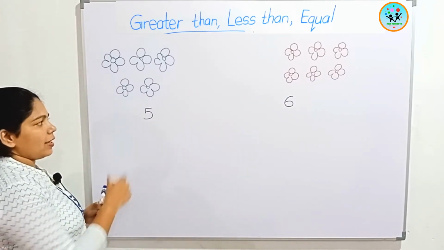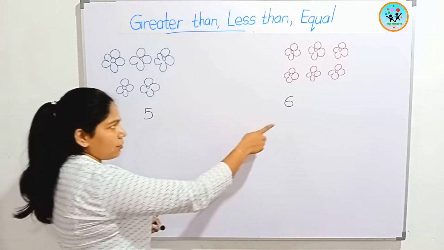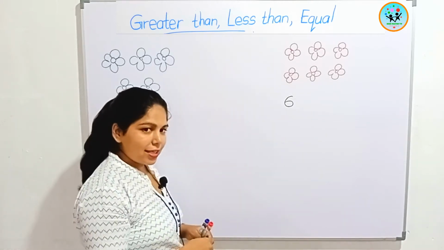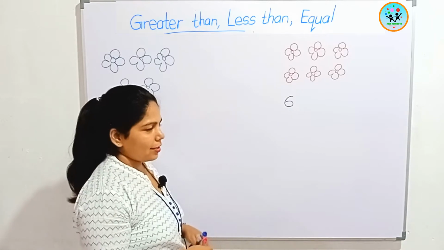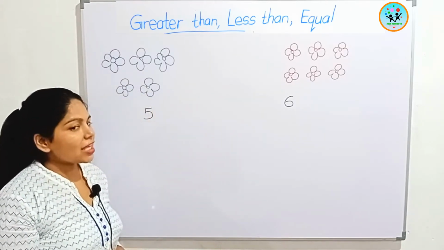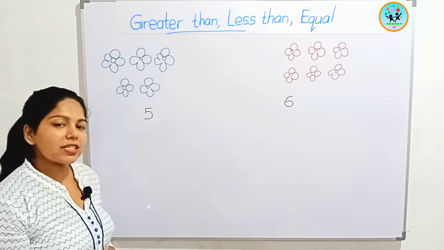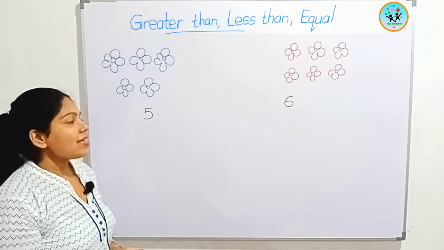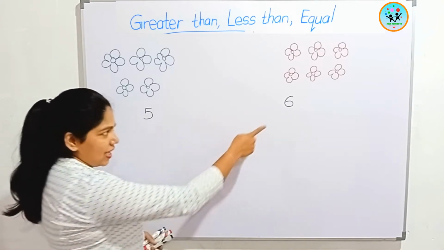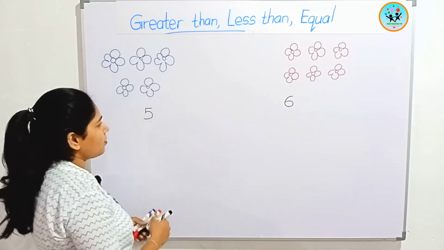On the left side, there are 5 blue flowers. On the right side, there are 6 red flowers. Tell me, students, which number is greater? Either 5 or 6? Yes, the number 6 is greater than number 5. Very good.